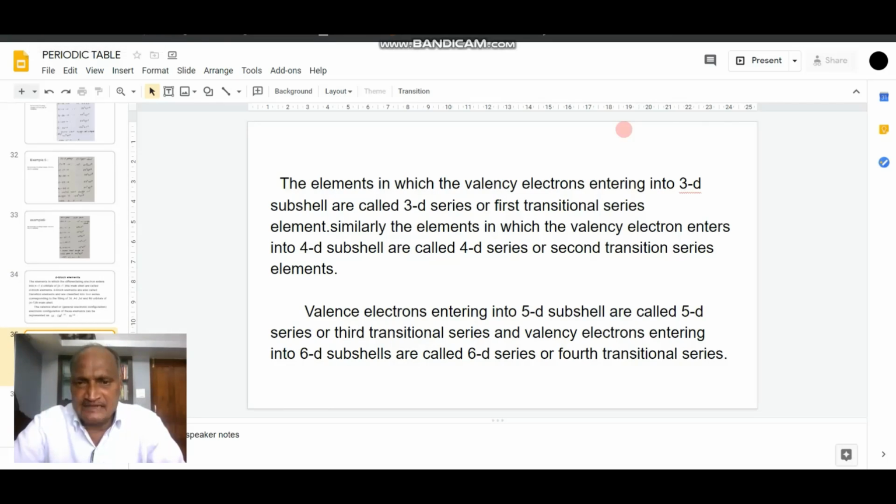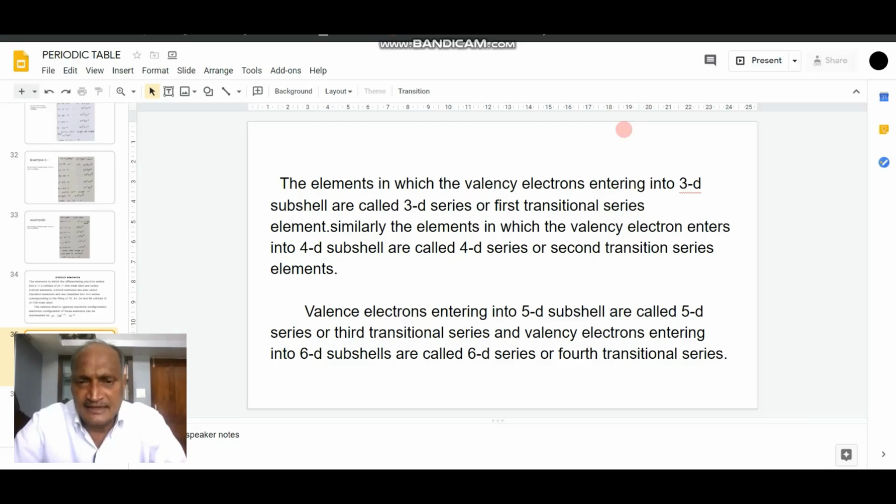The elements in which the valency electron enters into the 3d subshell are called 3d series elements, or the first transitional series. Similarly, the elements in which the valency electron enters into the 4d subshell are called 4d series elements, or the second transitional series.